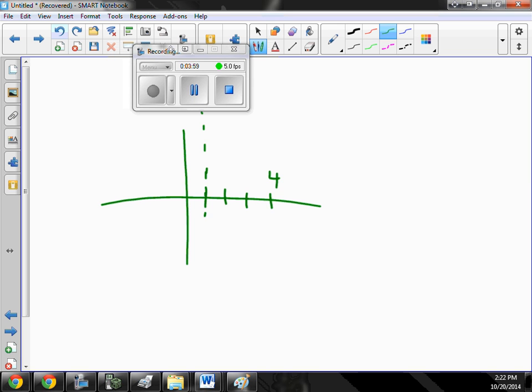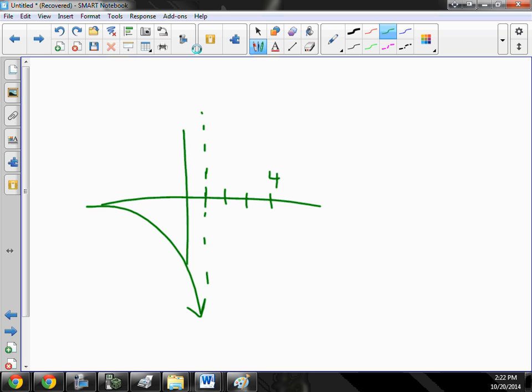At 1, we get something that looks like this, in which case there is no x equals 1 on that graph. And at 4, we get what's called a hole, which is the graph just moving along, jumps over 4, and then continues on.